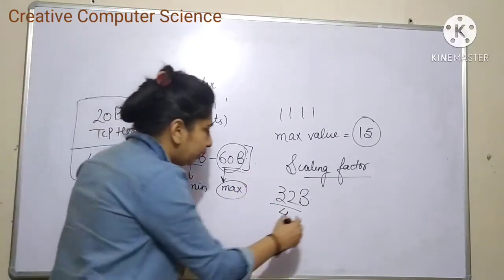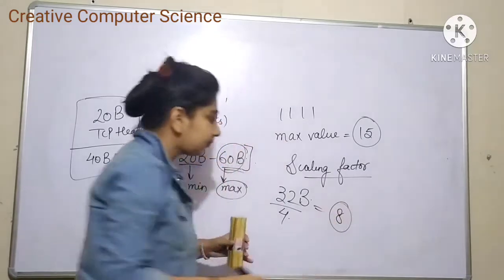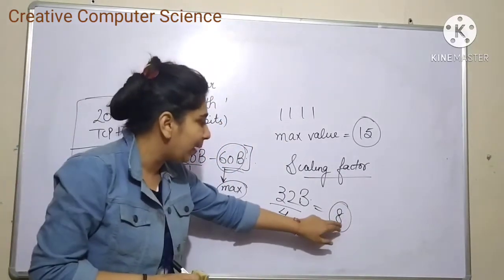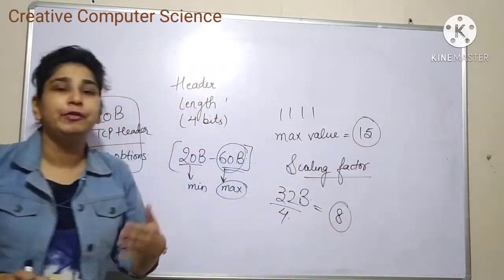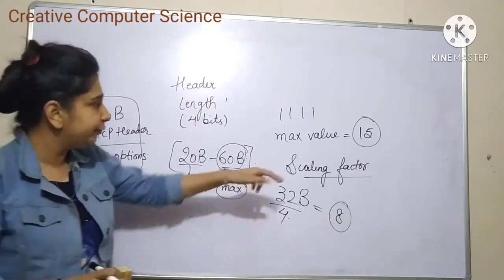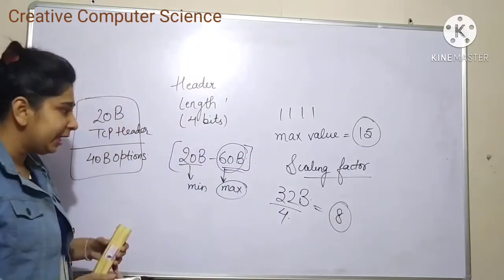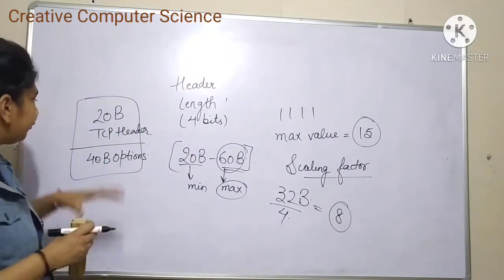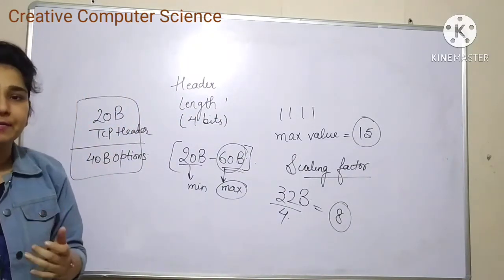Then what is the value we are getting? 8. And this value 8 is less than 15, so we can keep this value in the header length field of the TCP header.